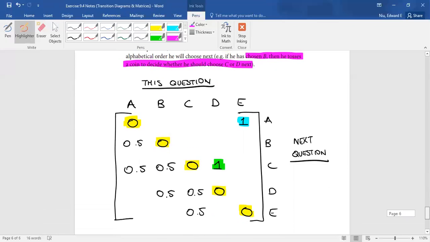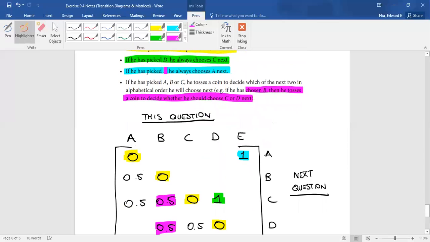Right. So just to show you what that looks like, if he's picked B in this current question, he's got to flip a coin to see whether he picks C or D in the next question. So he's got a 50% chance. And that's 0.5 as a decimal. And that's why it's 0.5 there. All right. And he does that for A, B, and C if he's doing the present question.